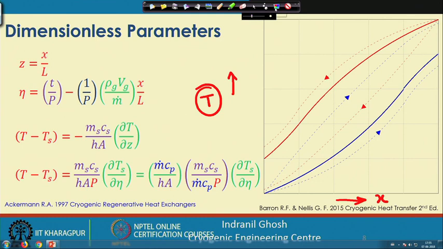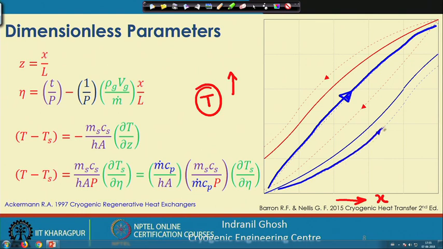When it has started, this is the temperature of the cold gas flowing through the regenerator, and by the end of the cycle, it will come to this temperature. And this is the matrix temperature at the end of the cycle.